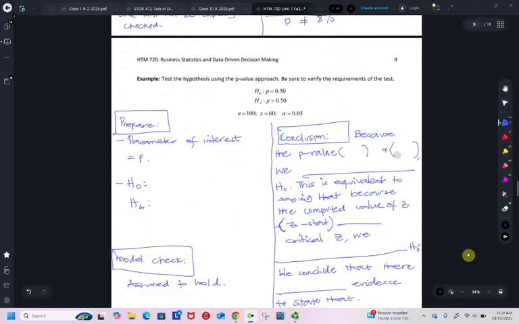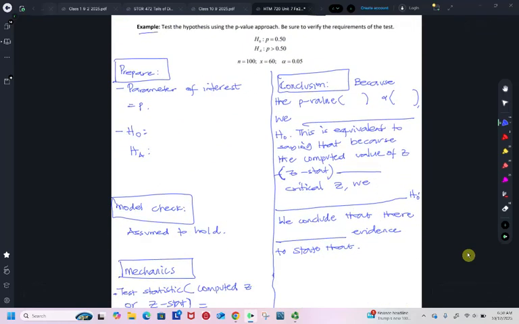Let's take another example. In this example, we have the null hypothesis and the alternative hypothesis already given. So are we going to reject ultimately or fail to reject the null hypothesis? The parameter of interest, of course, is the population proportion.